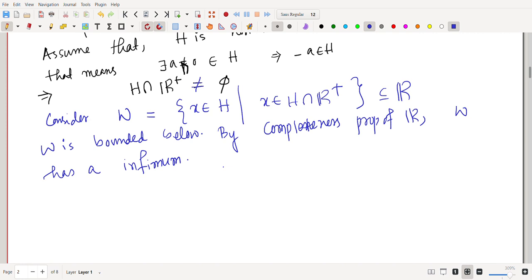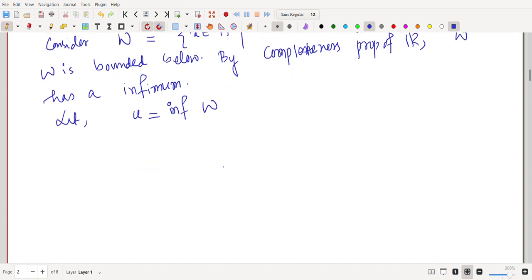Let's say U equals infimum of W. This is a number. Since all the elements of W are positive, the infimum is either 0 or a positive number. It cannot be negative. That's obvious.